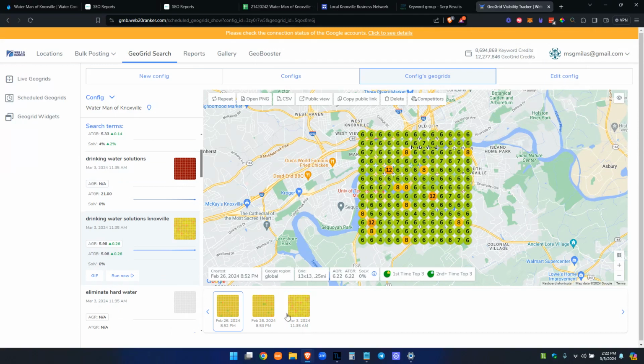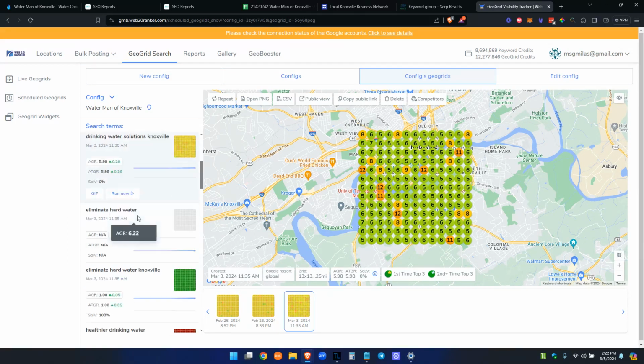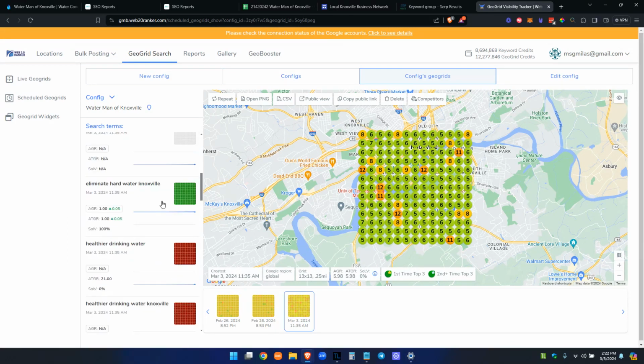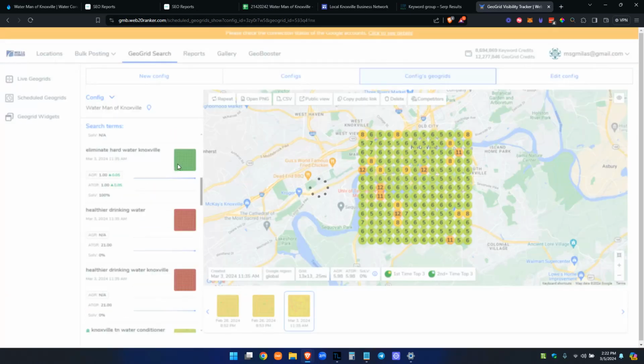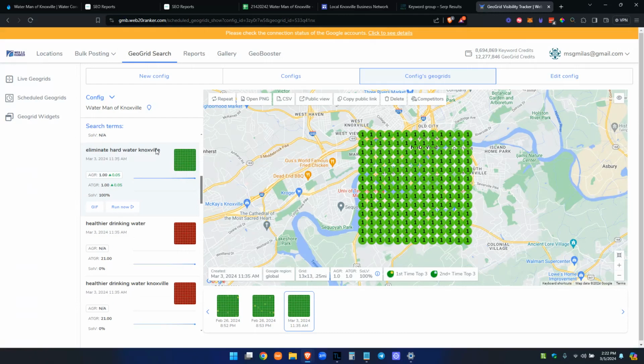Drinking water, Knoxville, again, this is one with very slight movement, went from an average 6.22 to a 5.98, very slight movement. And I would say we see the most obvious movement again on the keywords that weren't ranking at all. I think some of these, like eliminating hard water, Knoxville, had some fluctuations where they weren't number one previously.